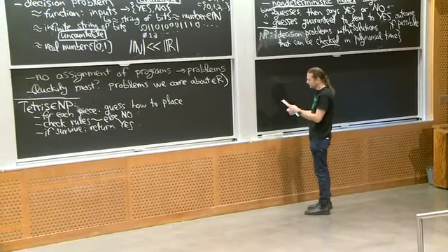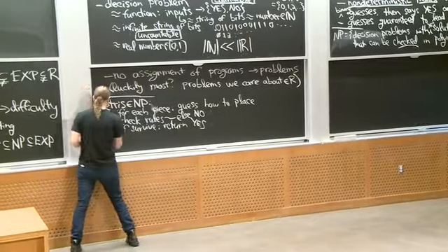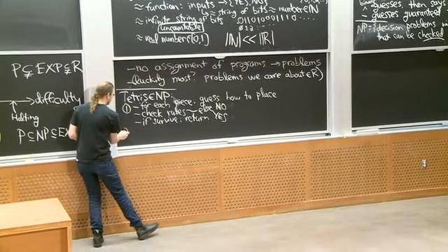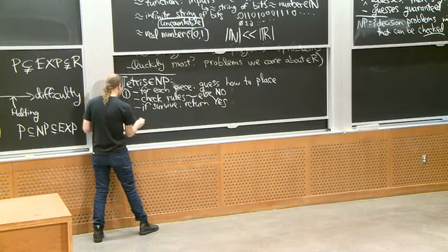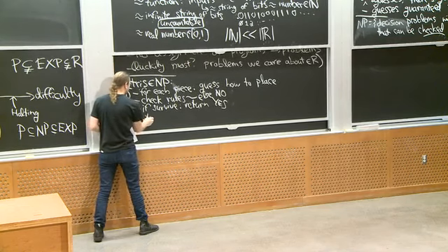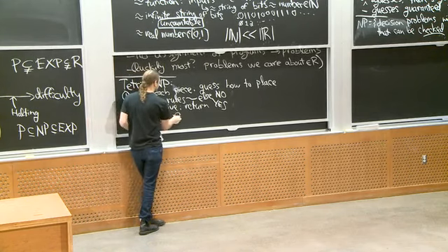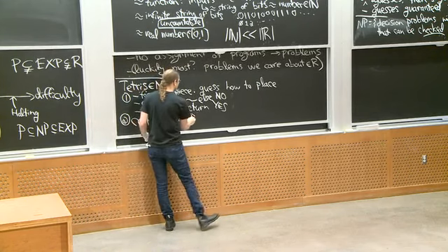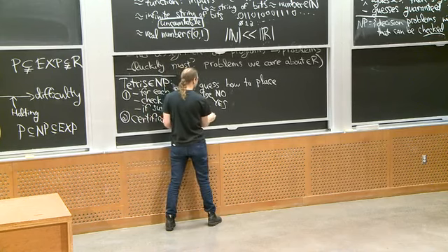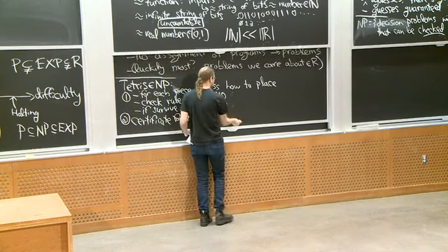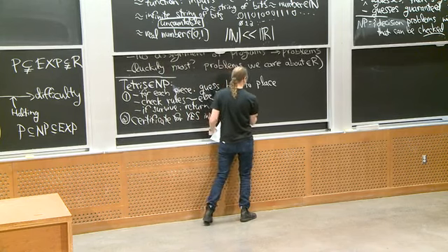Similar thing with Tetris. What I would say is, so this is version 1. Version 2 for Tetris is that a certificate for a yes input of Tetris is a sequence of moves for the pieces.